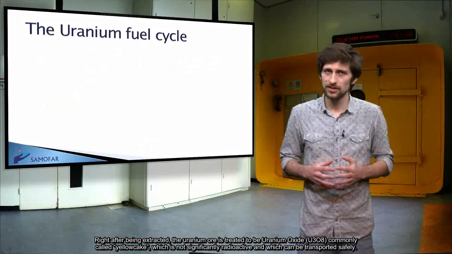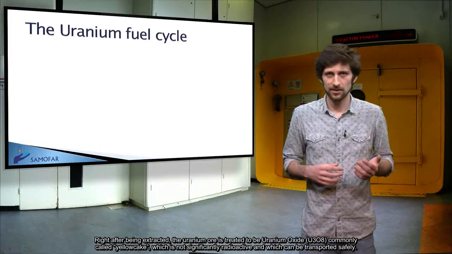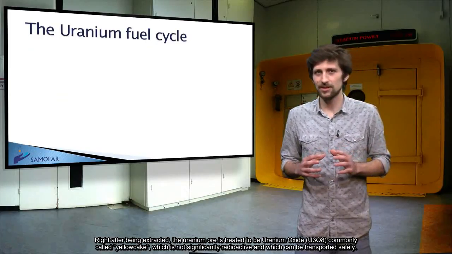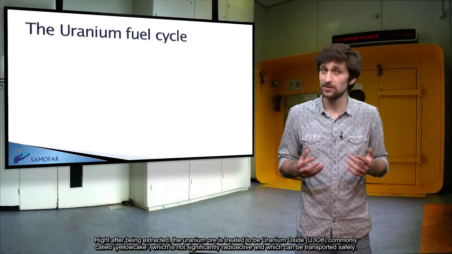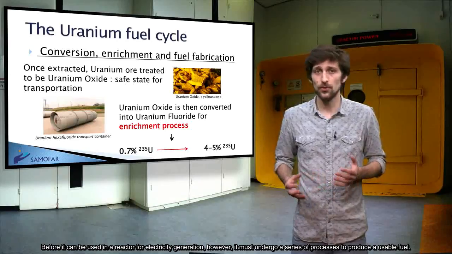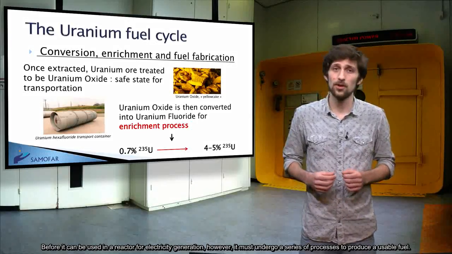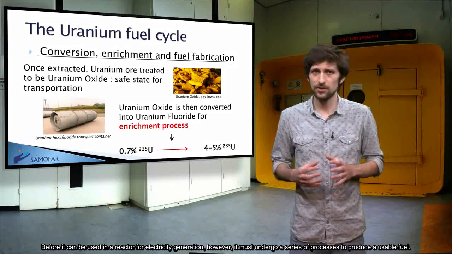Right after being extracted, the uranium ore is treated to be uranium oxide, commonly called yellow cake, which is not significantly radioactive and which can be transported safely. Before it can be used in a reactor for electricity generation, however, it must undergo a series of processes to produce a usable fuel.